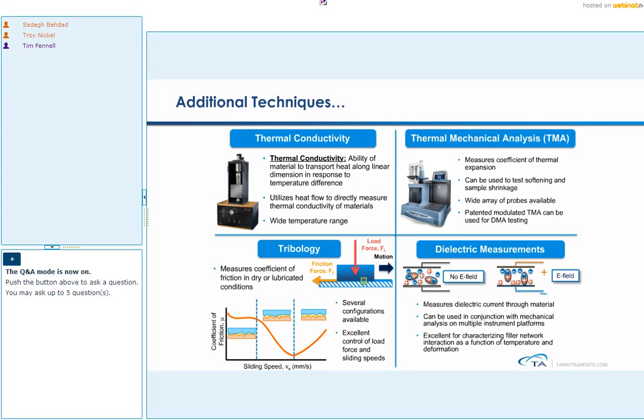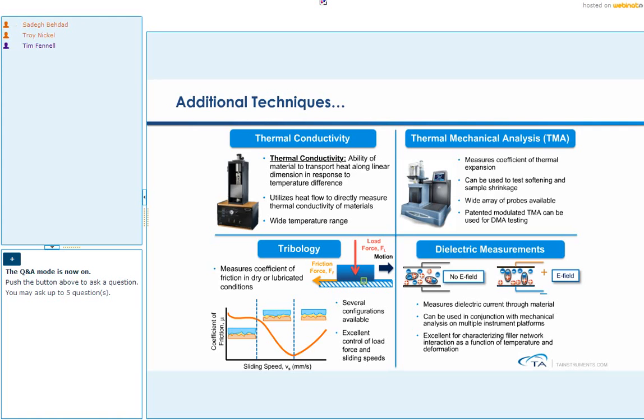So that's something interesting to look at. Or another example could be the tribological performance of your samples. On all of our rheometers, you can now have a tribometry accessory that allows you to look at the lubrication, the wear and friction between two parts that are in relative motion to each other.